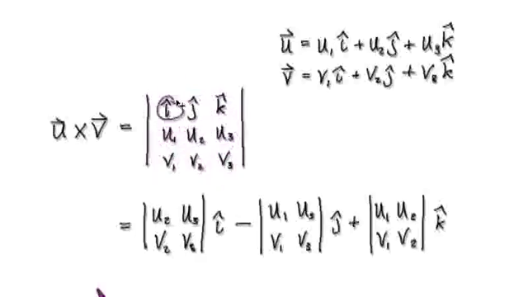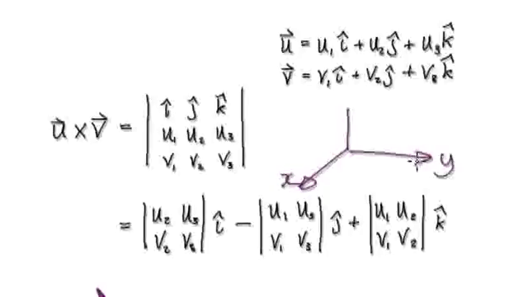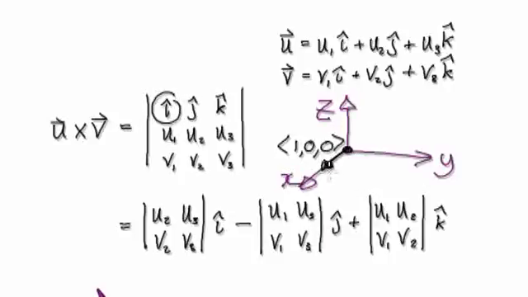So when you think of i, you've got to imagine the x-axis, y-axis, and the z-axis. So when you think of this i hat, it is a unit vector. In your mind, you've got to think about this vector here as 1, 0, 0. So think of this arrow here.